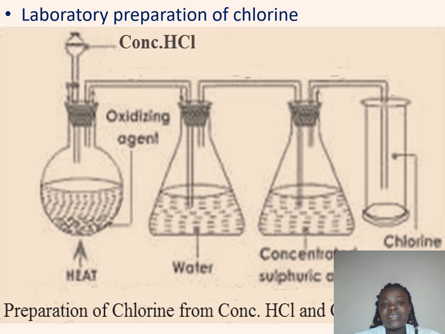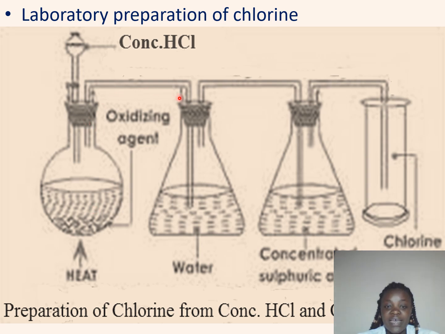So here we have a setup for an experiment to prepare chlorine gas. Here we have concentrated hydrochloric acid that we are going to react with the oxidizing agent. Then there must be a source of heat, so we heat them so that they can react.